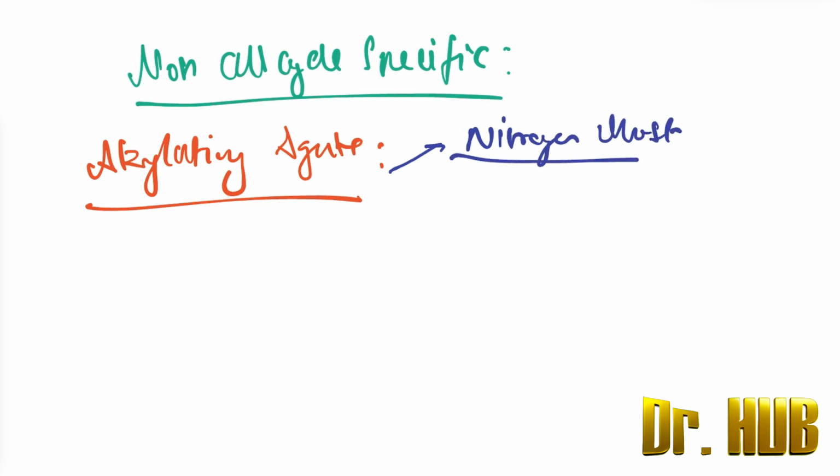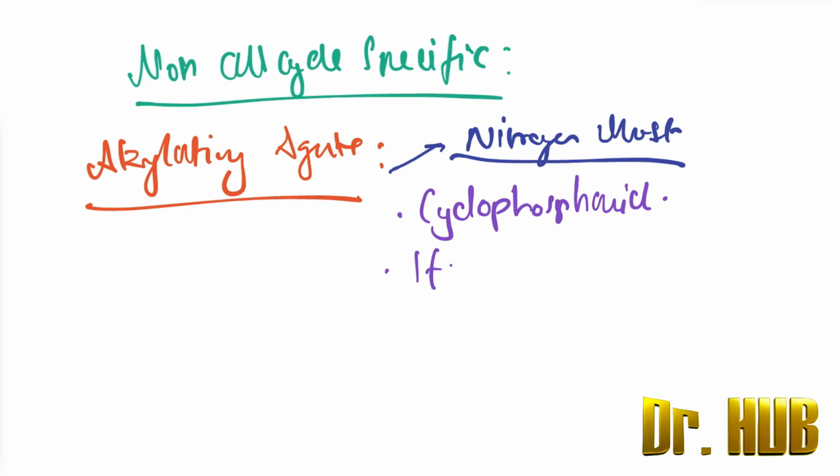Under the nitrogen mustards, there is cyclophosphamide, and there is also ifosfamide.